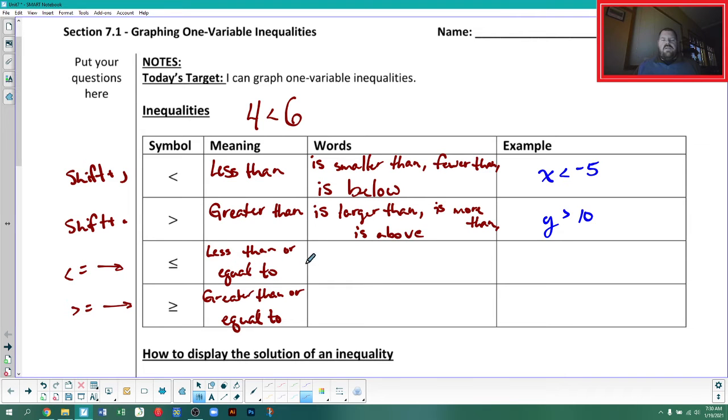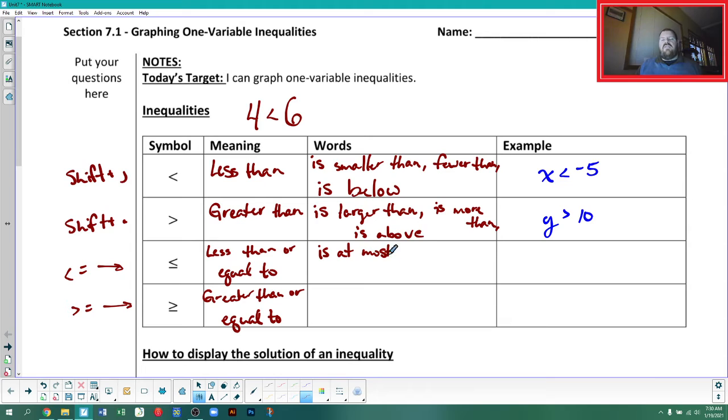Less than or equal to. There's a little more word choice when it comes to the "or equal to"s that's more commonly used. Some other things for less than or equal to could be something like "is at most."